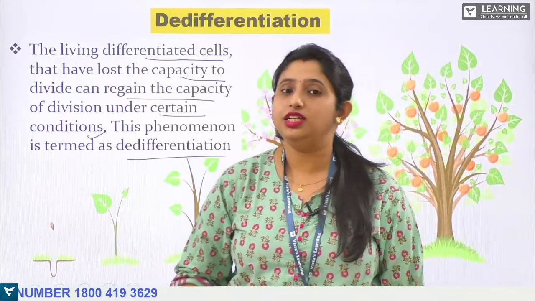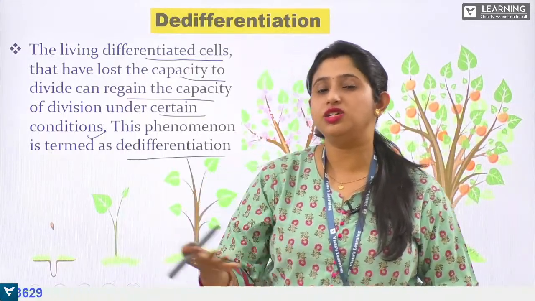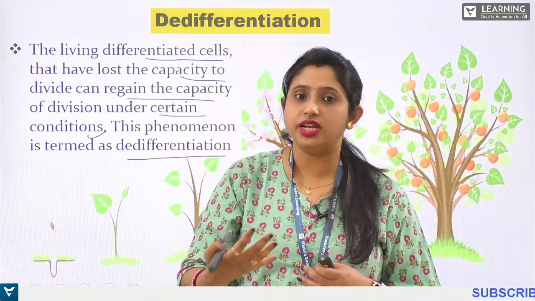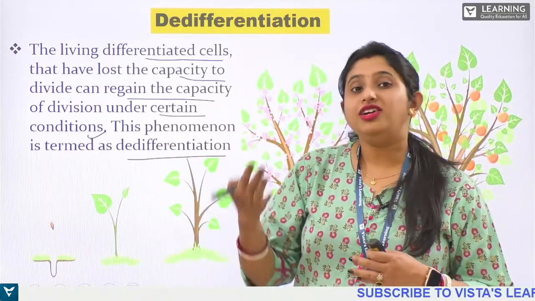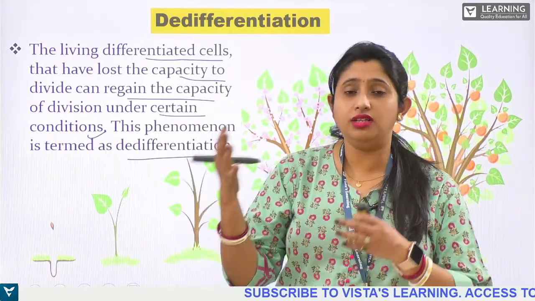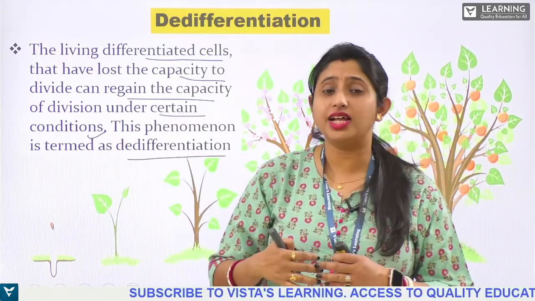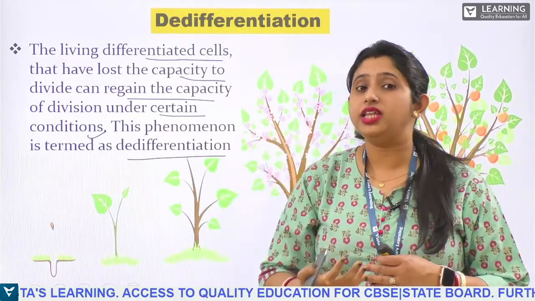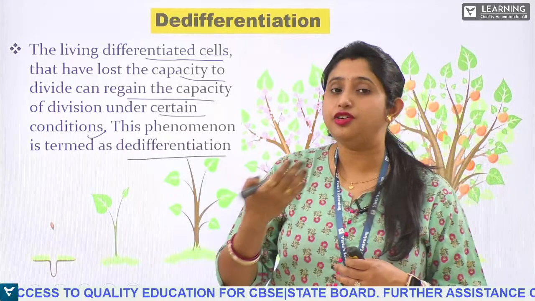It is very, very easy. Differentiation means the process by which the cells divide and reach a stage, that is maturation. Now, dedifferentiation means there are some living cells that have lost their capacity to divide, so they again regain the capacity to divide, that is dedifferentiation.